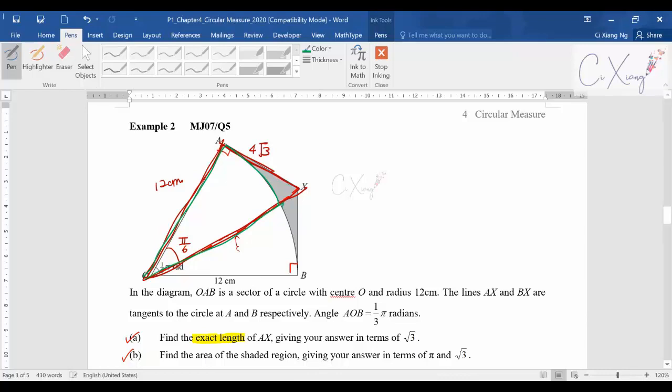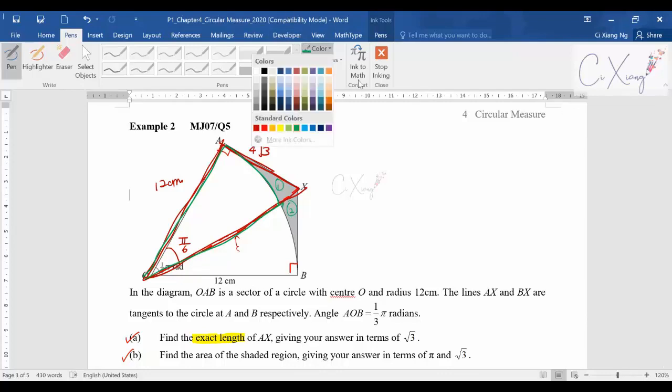After you take the triangle minus the sector, you'll get the shaded area, but it is only part of the shaded area. So to get the complete answer for the shaded area, you have to multiply it by 2, because these two areas should be the same. So you roughly know how to do it already, then we can start.